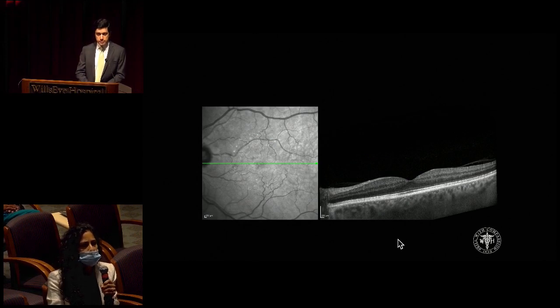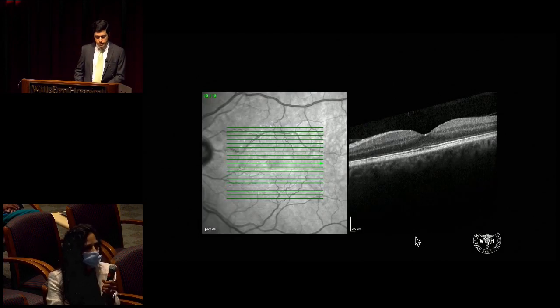And left eye, horizontal scan, vitreous is clear, inner retinal and outer retinal laminations look normal. Hyaloid is again attached here. Another horizontal scan, looks normal. Maybe some very subtle disruption here in the interdigitation zone, but the visual acuity is normal.